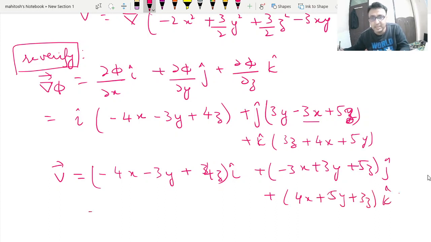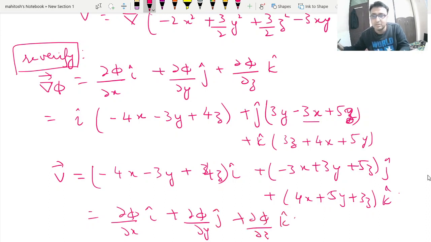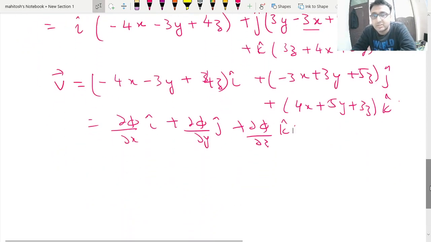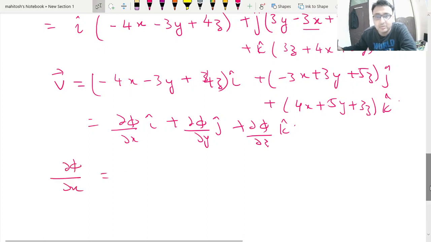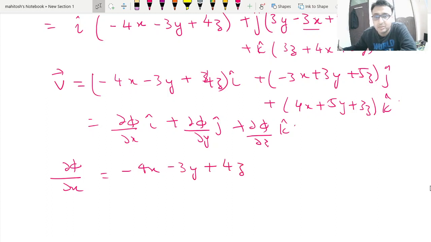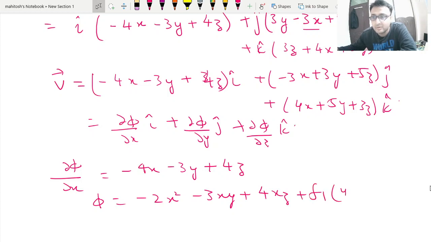So this is essentially the same thing as doing the integration, but here we will have constants of integration. So we can write dou phi by dou x is equal to minus of 4x minus 3y plus 4z. So phi we can write as minus of 2x square minus of 3xy plus 4xz plus some function of yz.